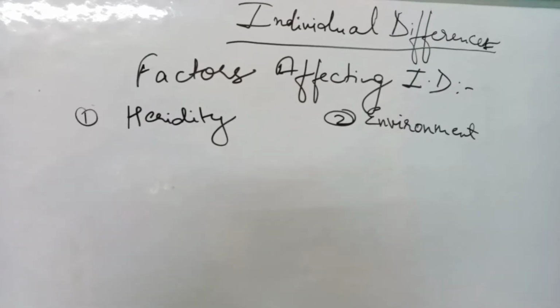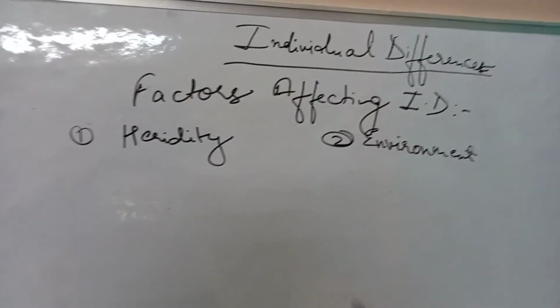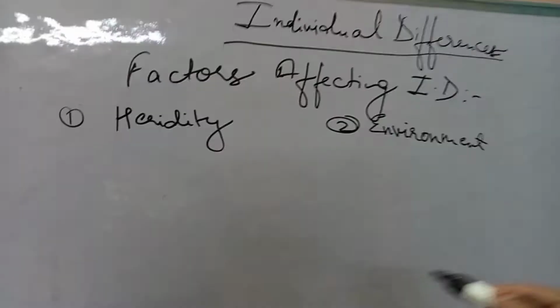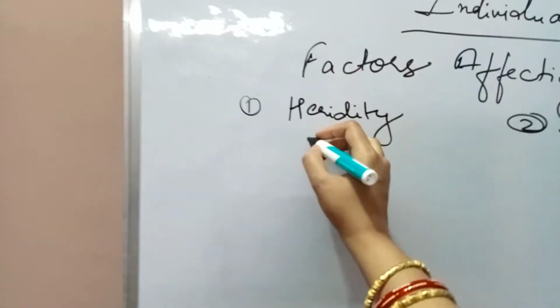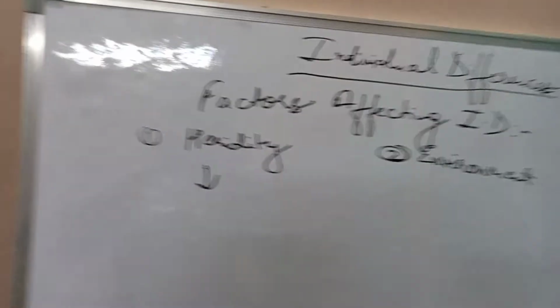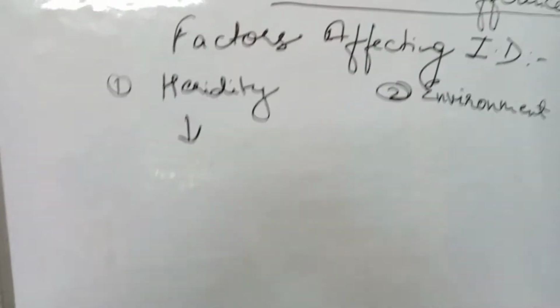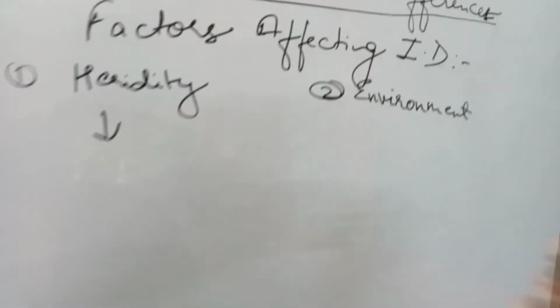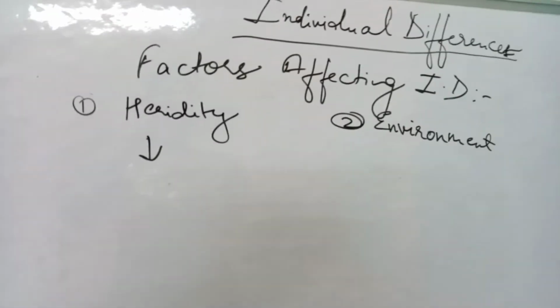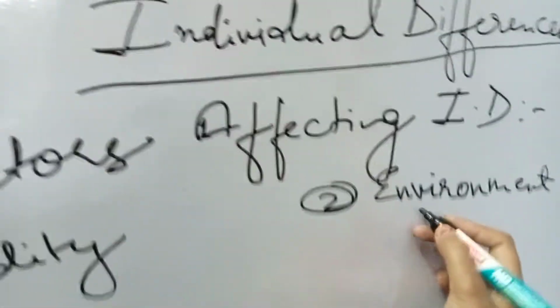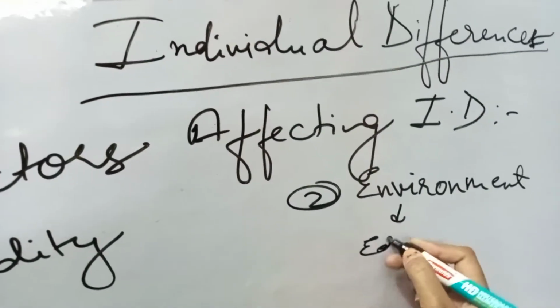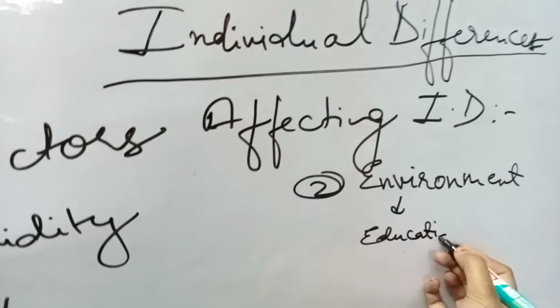Now the factors affecting various kinds of individual differences include heredity and environment. Heredity is acquired through our parents, passed from generation to generation, and environment is the atmosphere, our surroundings in which we live. In environment we get education.